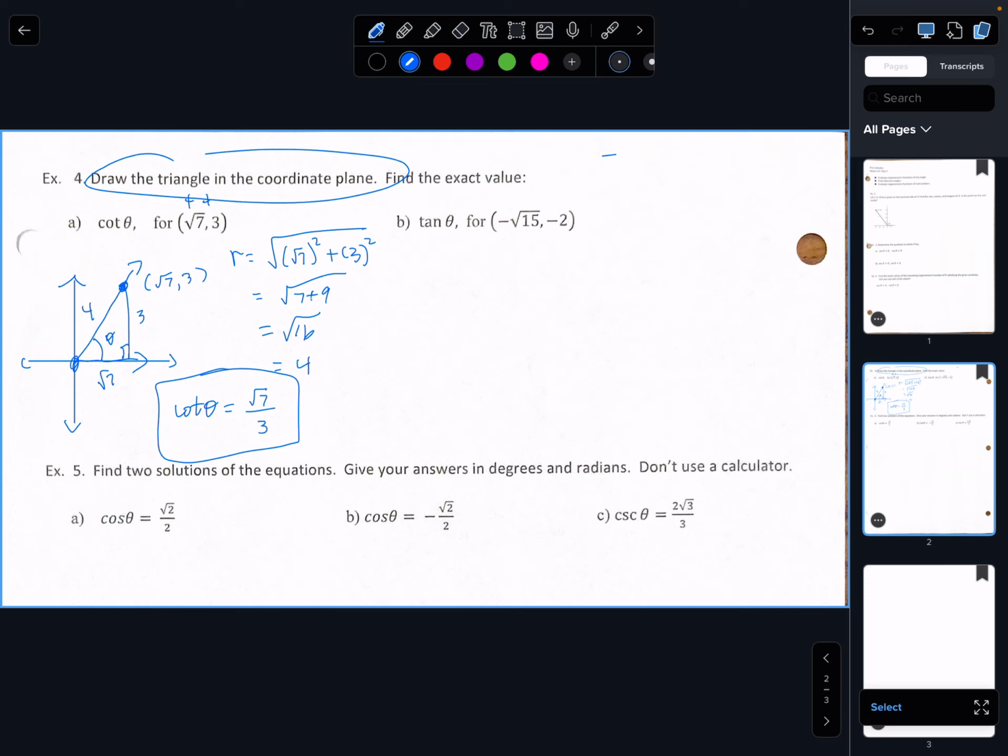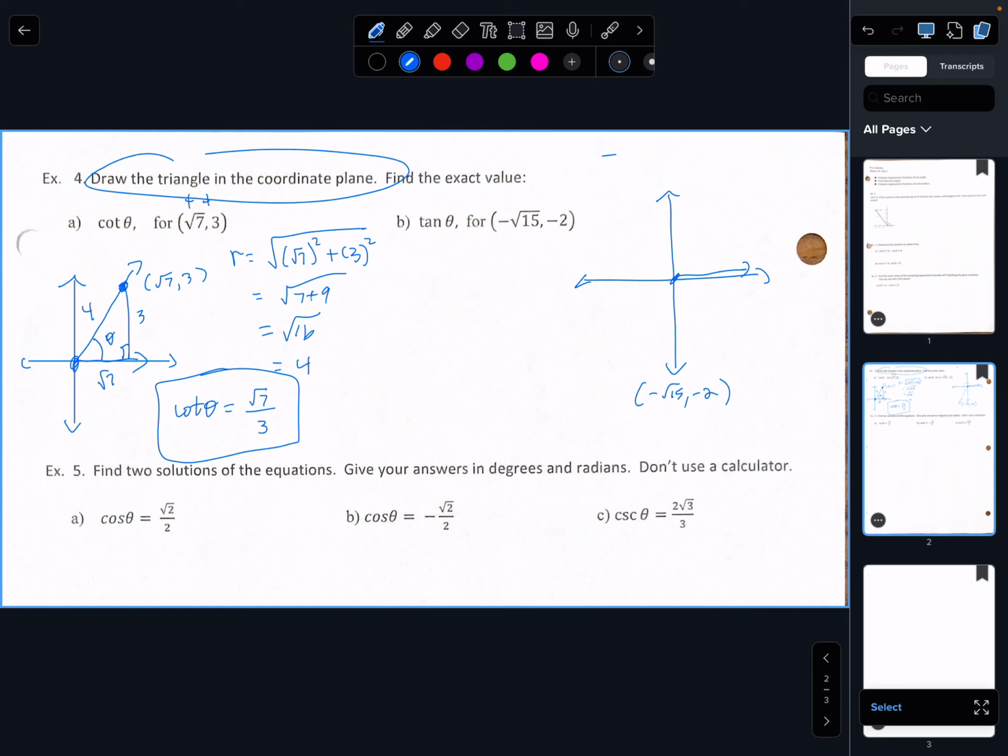All right, so tangent, it's negative, negative. It is going to be in quadrant 3. So you draw an angle, it rotates around somewhere, and we have negative square root of 15. I'm not worrying about it being accurate. If I did, square root of 15 is going to be a lot bigger than -2.